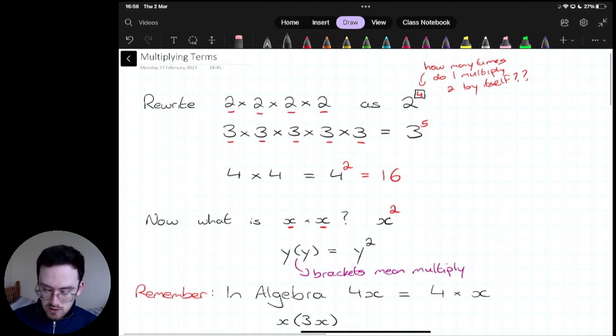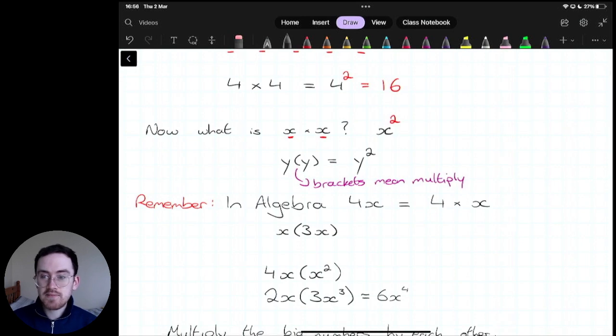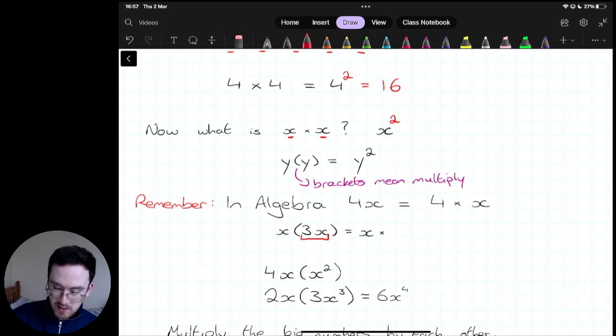In algebra, we've already seen that if we write 4x, that means 4 multiplied by x. We don't use the multiply sign, we just keep it simpler and write 4x. So if we apply that to other questions, if I have x multiplied by 3x, we could break it down a little more, and that would be the same as x multiplied by 3 multiplied by x.